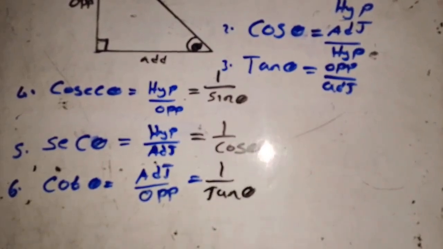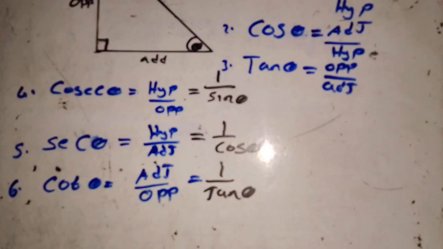So these are the trig ratios that we have. We have 6 trig ratios. The number one is sine theta, the second is cos theta, followed by tan theta, then cosec theta, sec theta, and cot theta. So these are the trig ratios that we have.